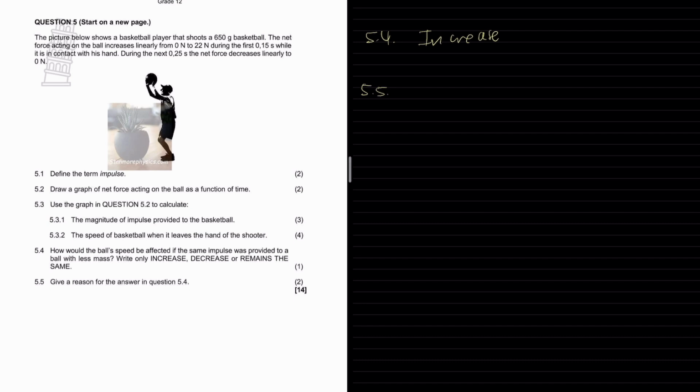Because if you think about how we calculated the velocity, we had velocity is equal to the impulse divided by the mass. And from here we can see that Vf is inversely proportional to m. So if the mass decreased, the final velocity will increase, and vice versa.